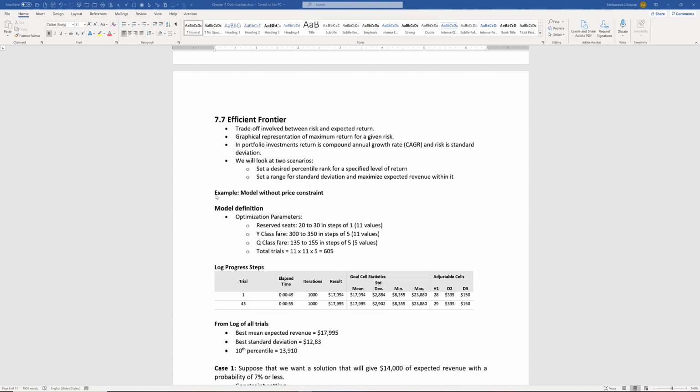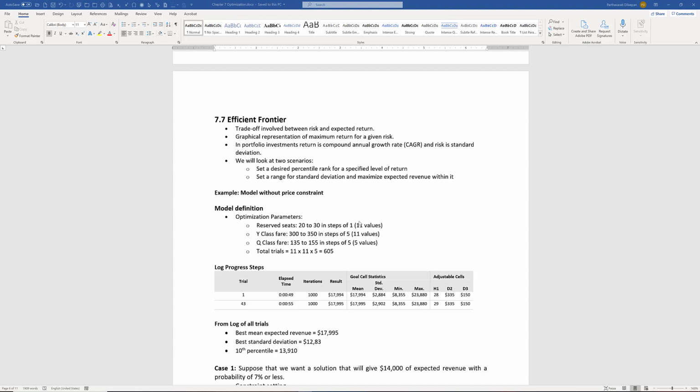So we will go back to the example in which we did not have a price constraint. The last example that we did was that the Y fare cannot be more than 2 times the Q fare. We'll skip that and go back to the one previous to that, where we initially started with a large range for these 3 decision variables: how many seats to reserve, what is the fare for Y class, and what is the Q class fare.